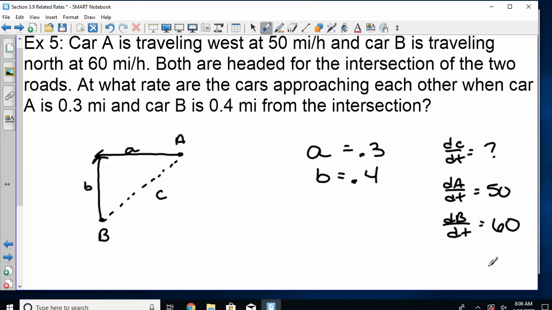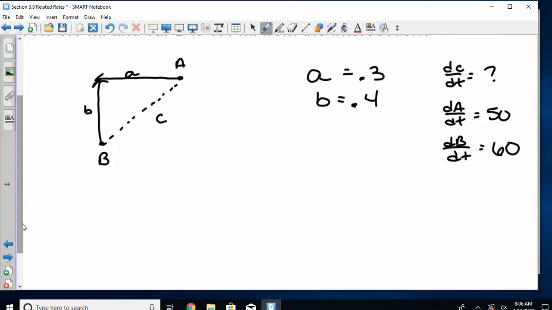What kind of formula would I set up here? Okay, so to get all of the dc/dt, dA/dt, dB/dt, what do we have to do? Derivative. So what would the derivative of this be?